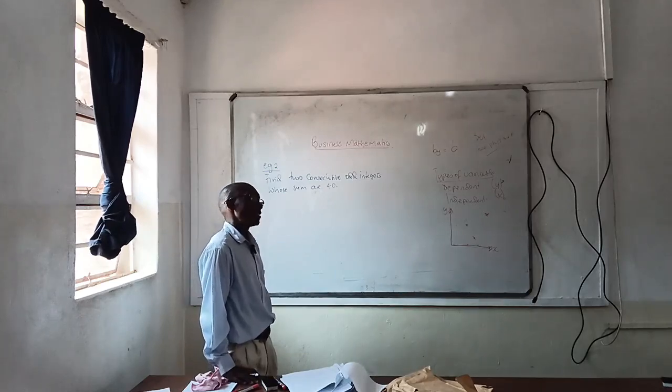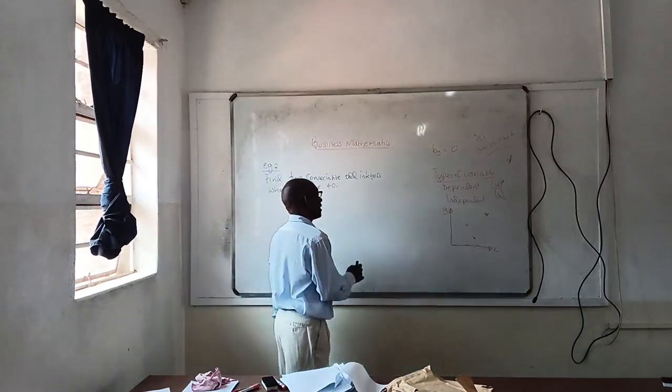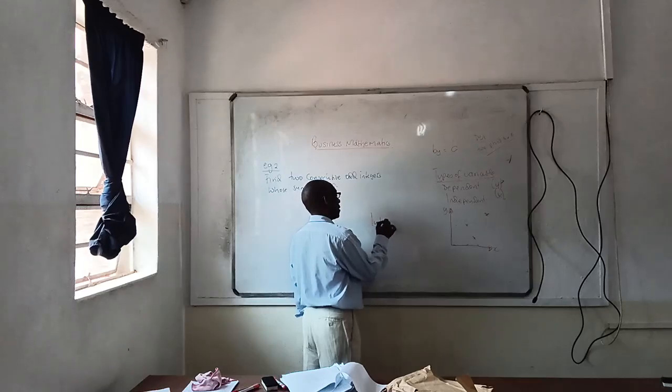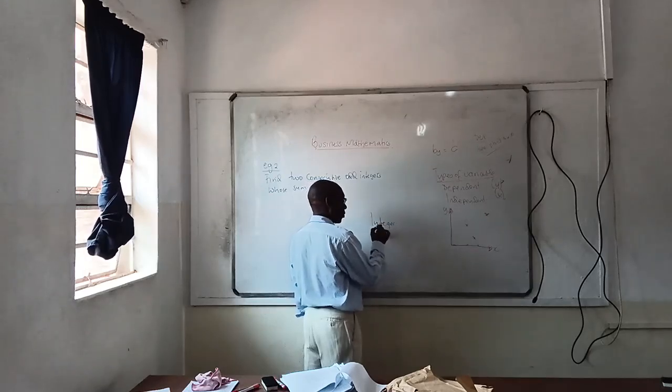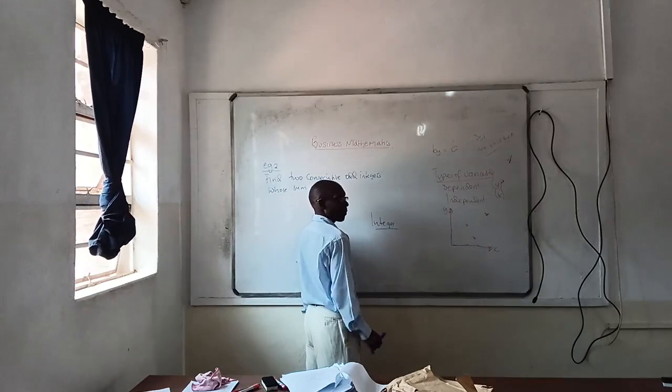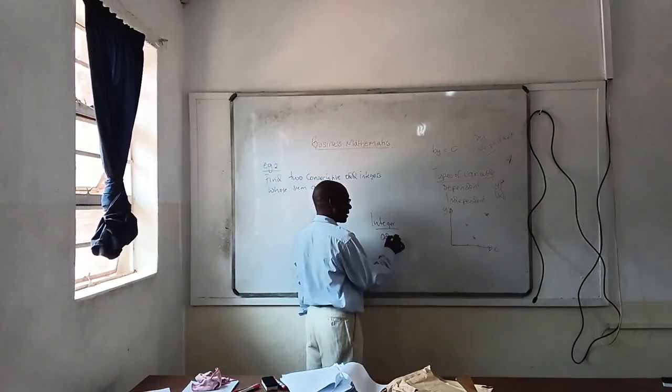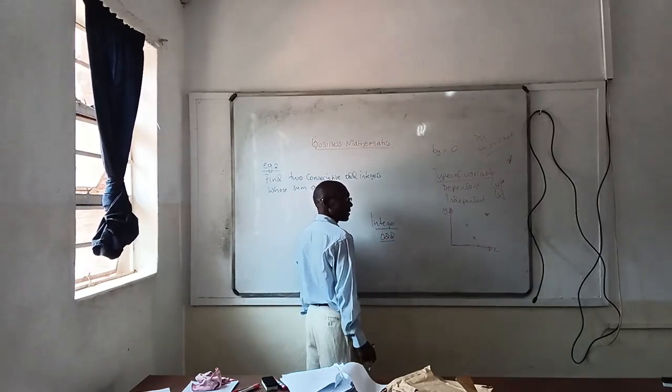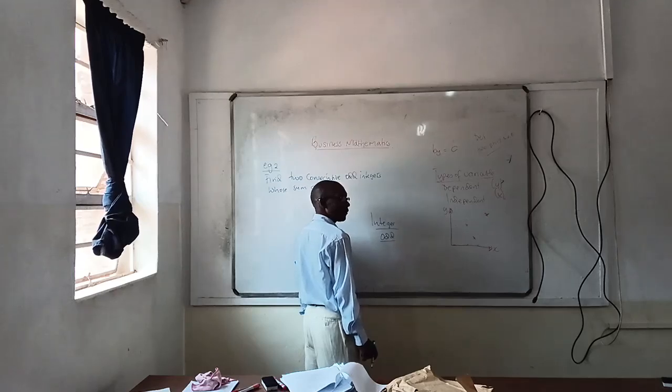Let's look at it. What is an integer? A whole number. Good. What are odd numbers? Numbers that cannot be divided by 2, right?